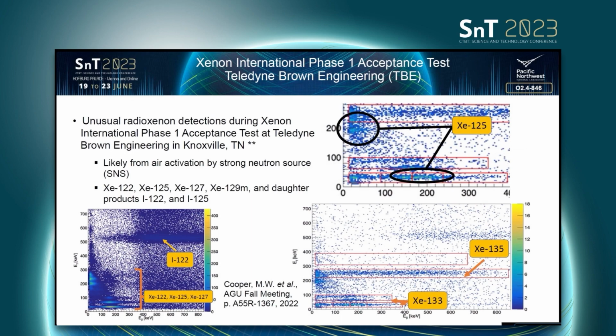But we saw xenon-122, 125, 127, 129m, and it was quite surprising. It was unexpected, and I show some spectra here labeled of some of the hits we saw. Again, unexpected anomalies. It doesn't mean there was a nuclear explosion, but there was some sort of air activation going on nearby.